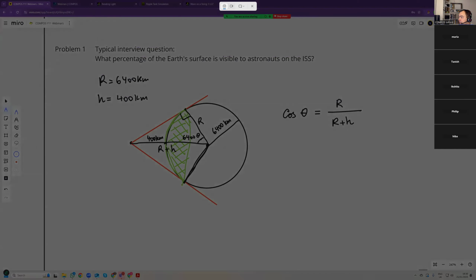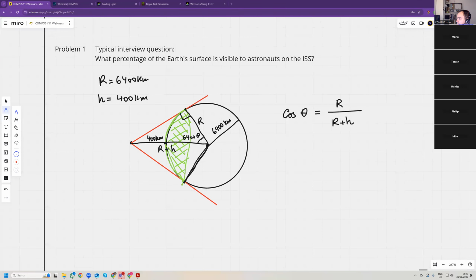It's called a spherical cone. Volume of spherical cone.